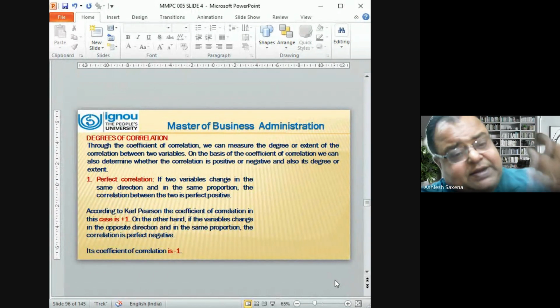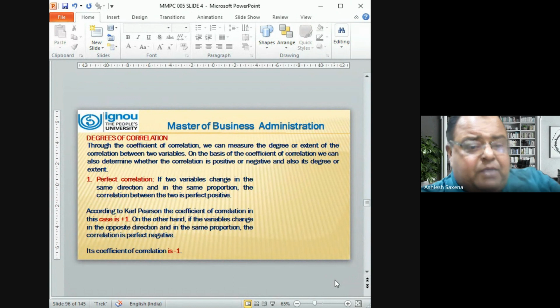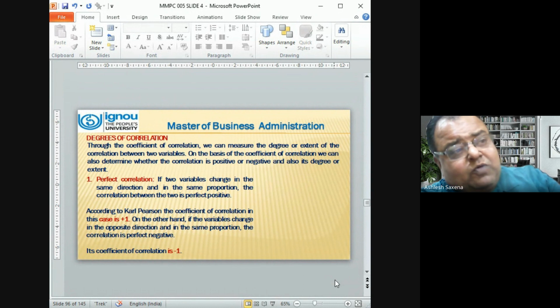If we talk about perfect correlation, perfect means 1, and that too with sign of plus 1. If two variables change in the same direction and in the same proportion, the correlation between the two is perfect positive. According to Karl Pearson, the coefficient of correlation in this case will be plus 1.